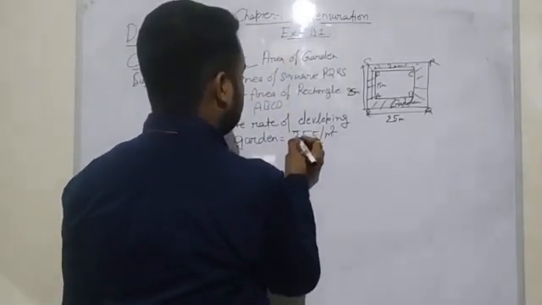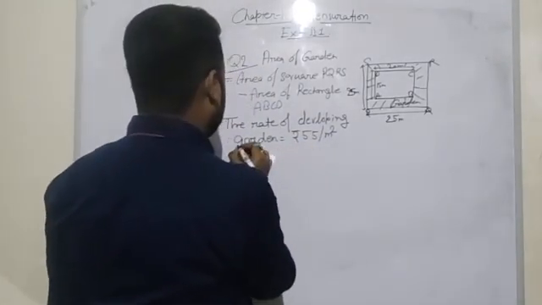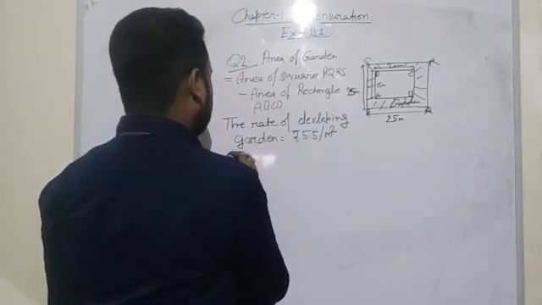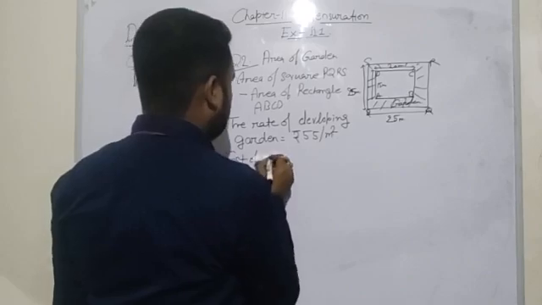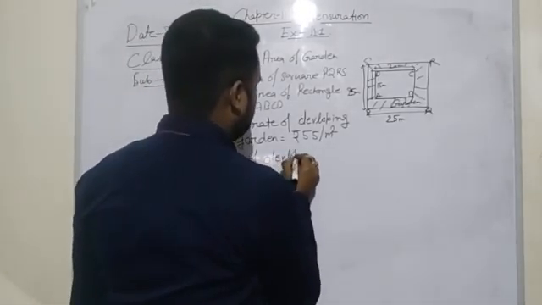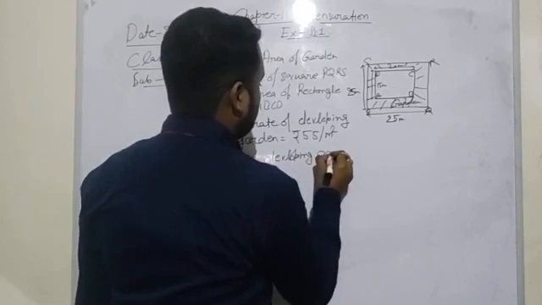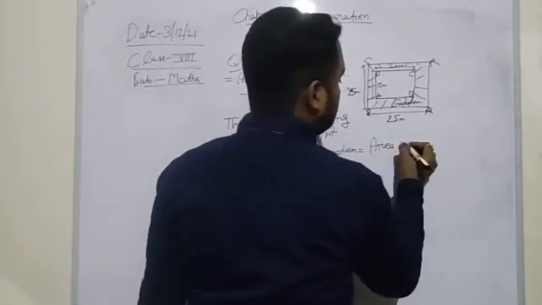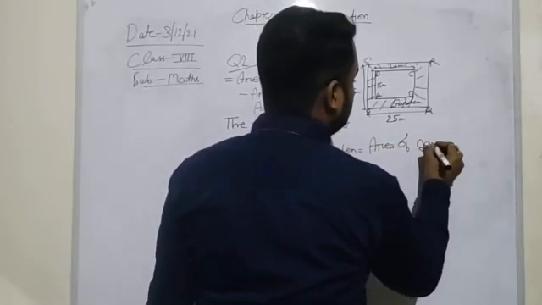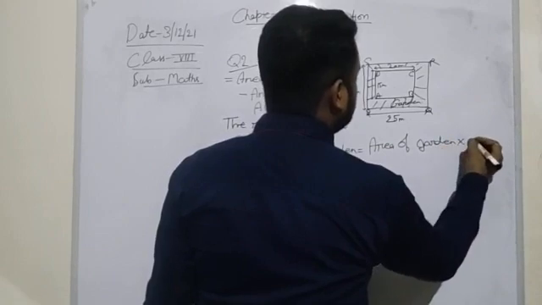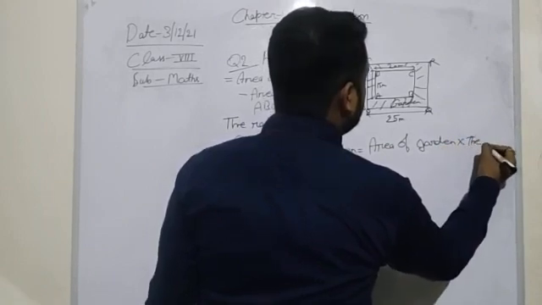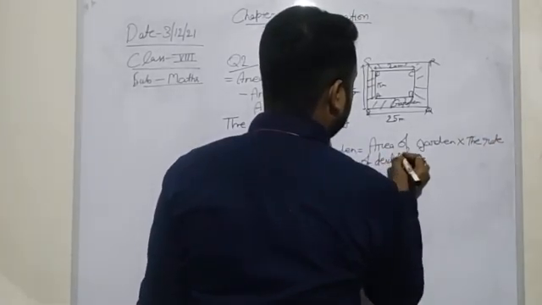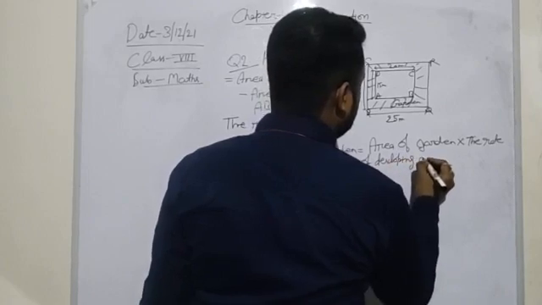If you have the area of garden, then the cost of developing garden is area of garden into the rate of developing garden.